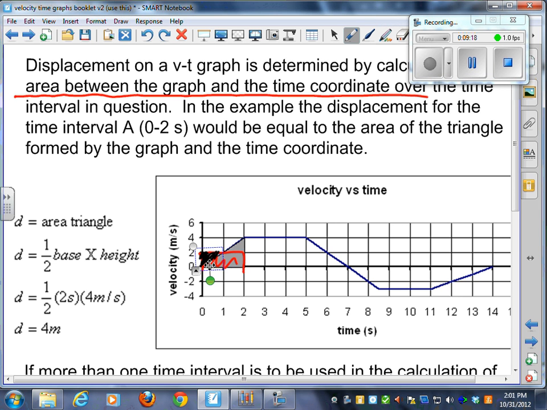That's all I'm doing. And so the displacement is the area of that gray triangle, which is a base of 2, a height of 4, half the base times 2 times 4 is a displacement of 4. The displacement right here is 4.